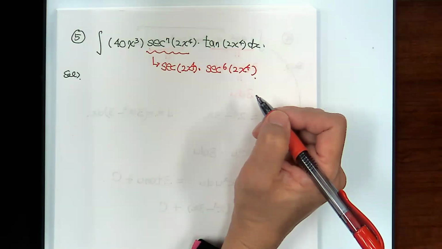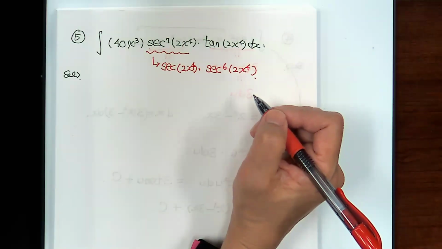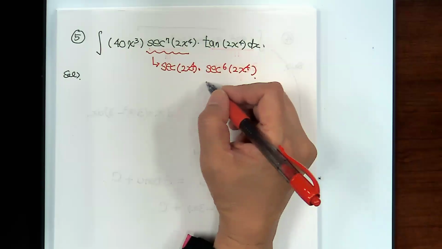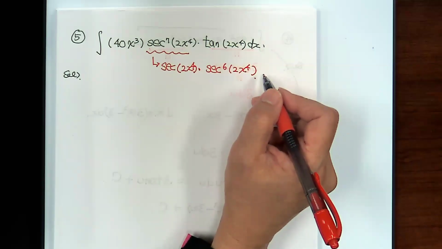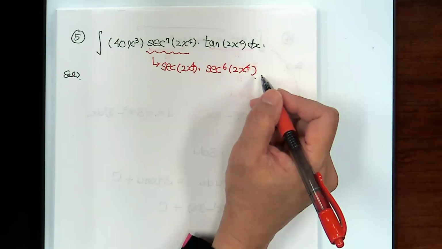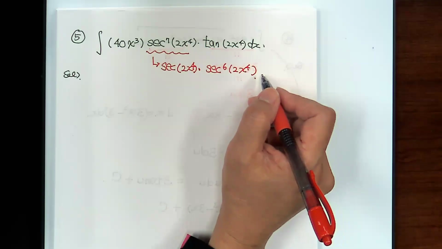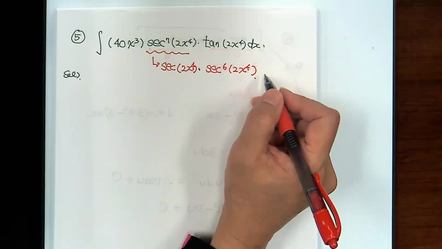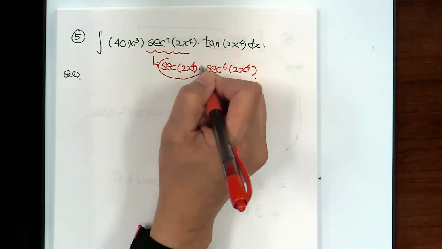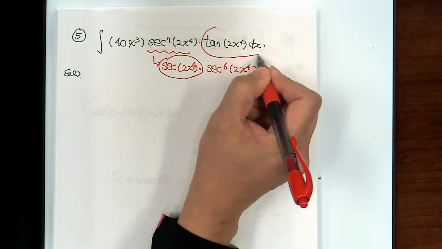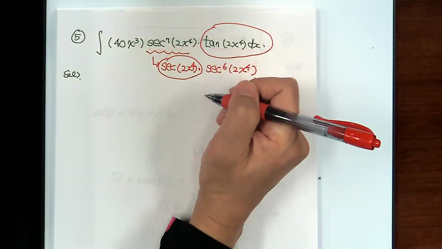Then what we can think about is that this is secant to the 6th power. Maybe I would put secant as u. Then secant tangent, combined, will be the derivative of secant.